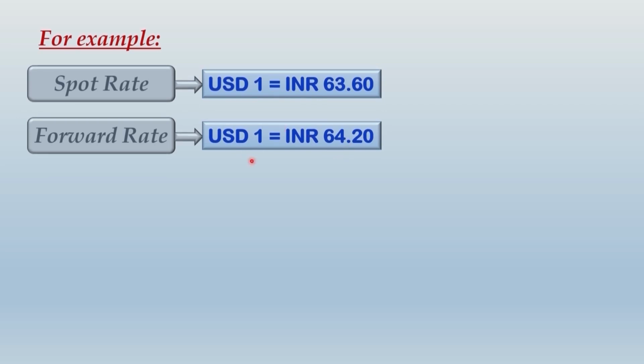I told you a minute back, the right way would be to mention that US dollar is appreciating against Indian rupee and Indian rupee is depreciating against US dollar. We would also mention that in the forward market, US dollar is quoted at premium and Indian rupee is quoted at discount.